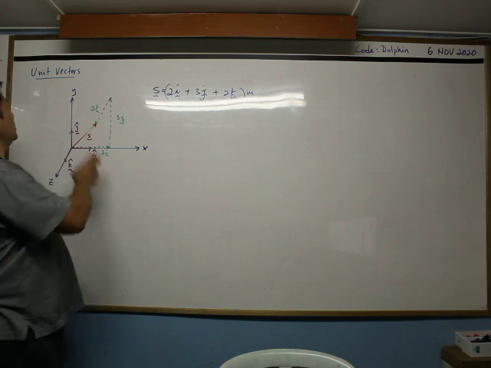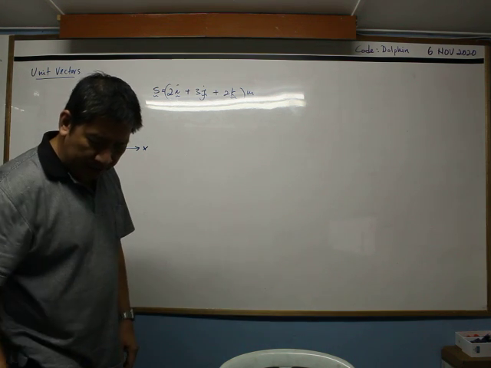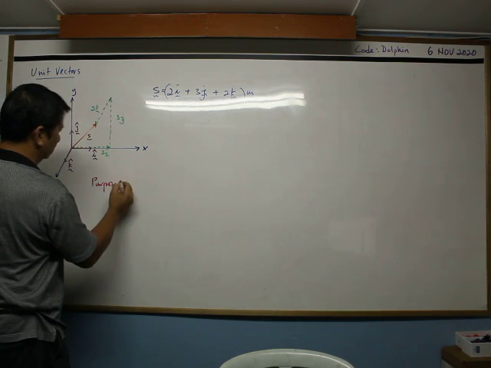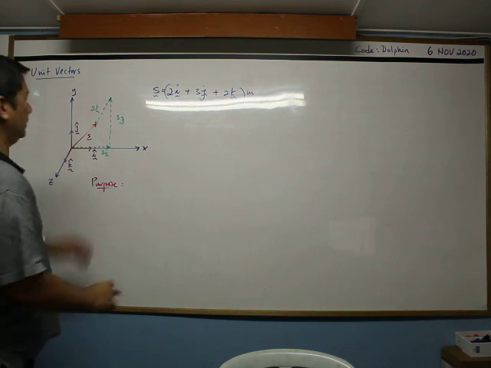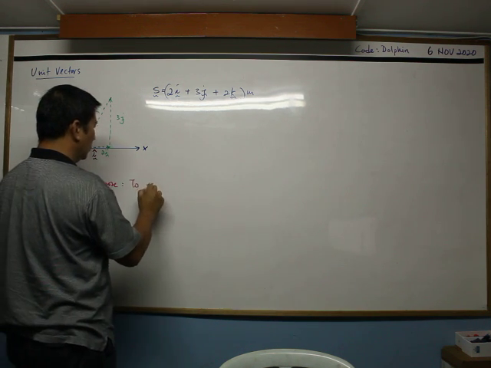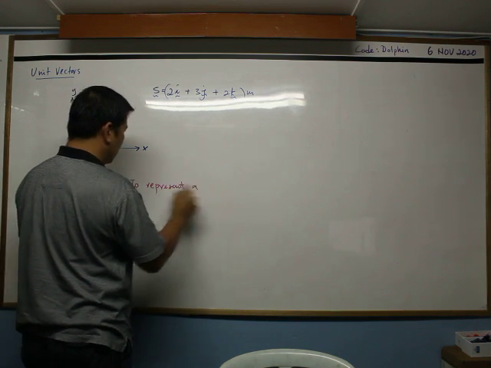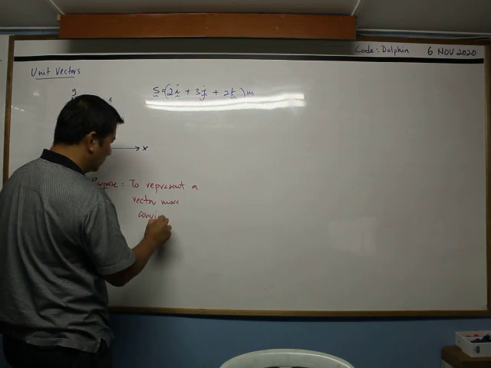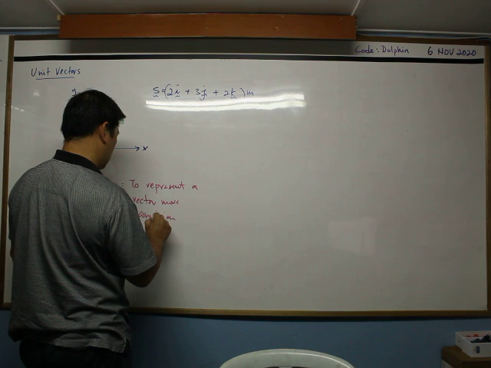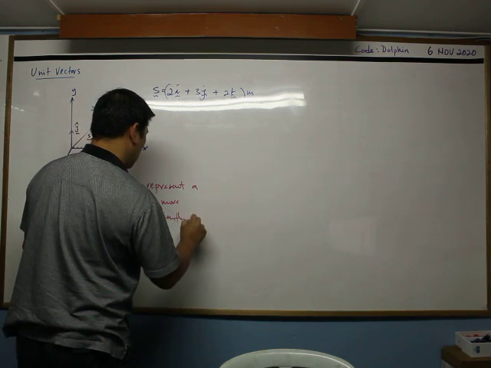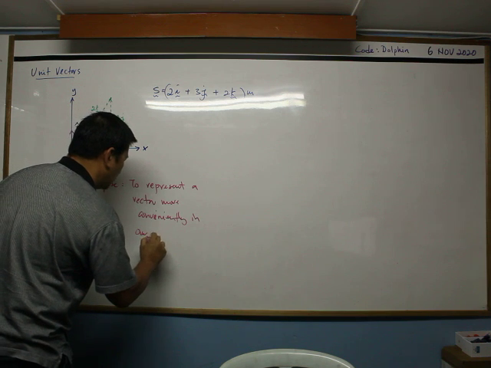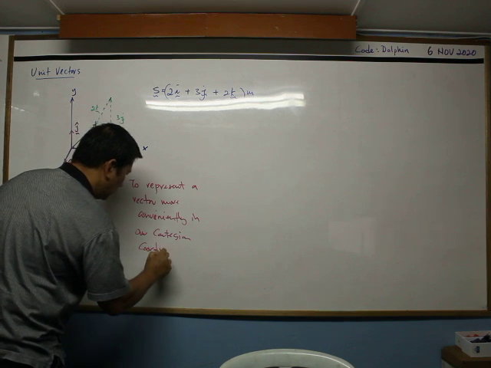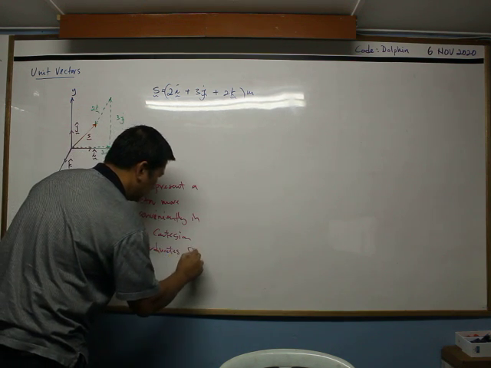Alright? So the purpose of unit vector is, okay, we write out the purpose. The purpose of unit vector is to represent a vector more conveniently in our Cartesian coordinate system.